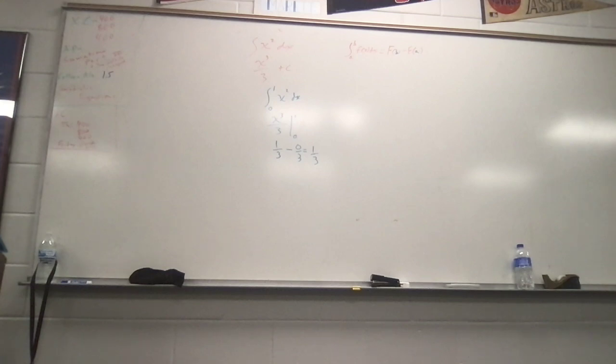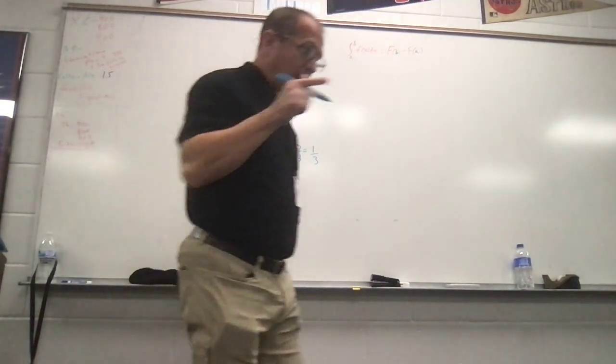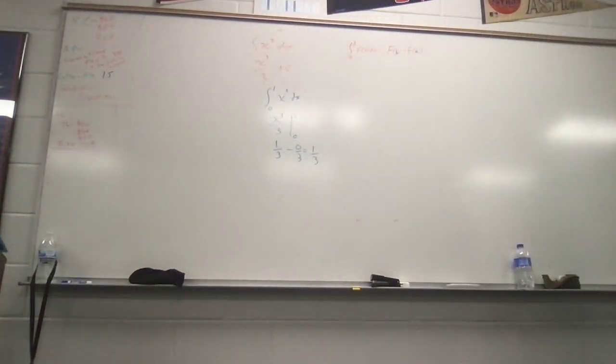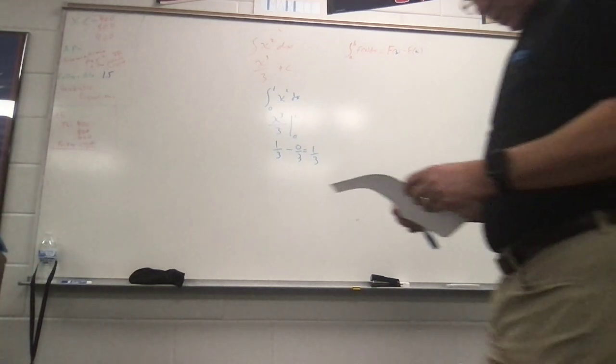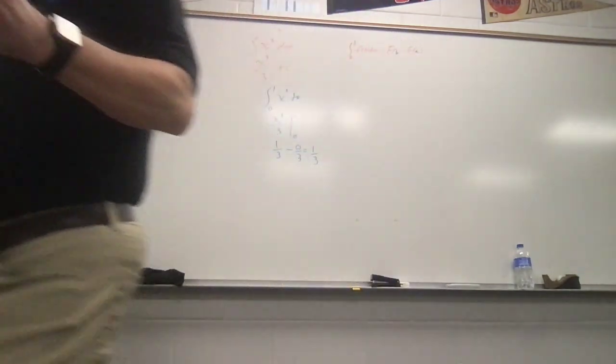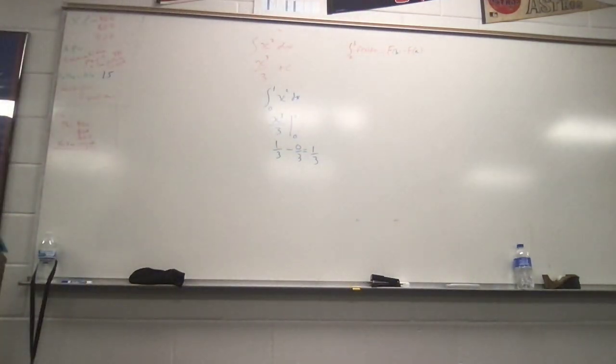All right, now, based on that, I want you to look at your notes from class from last time. And I want you to look at where we did the summation of area for f of x equals x squared from 0 to 1.